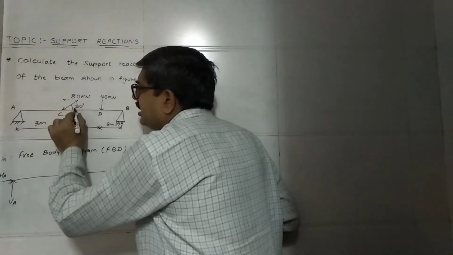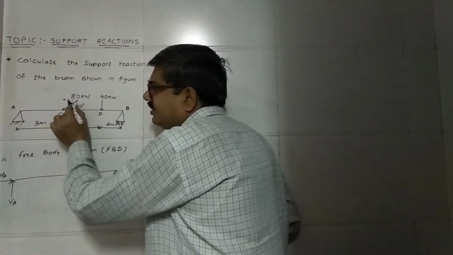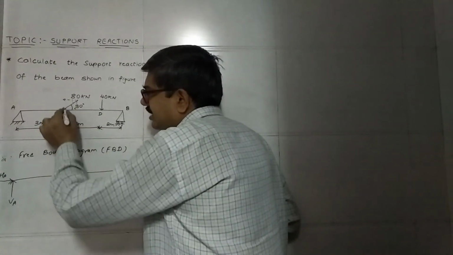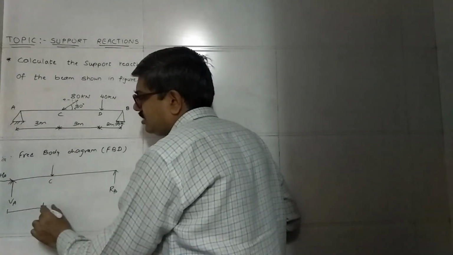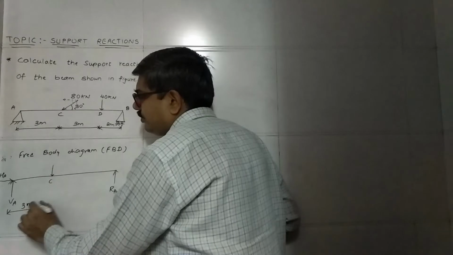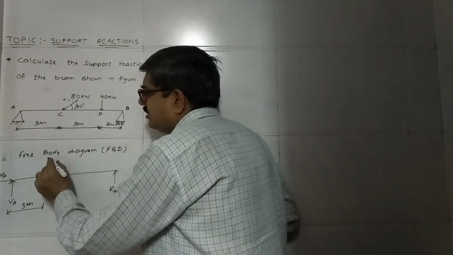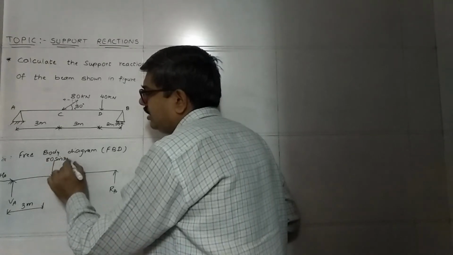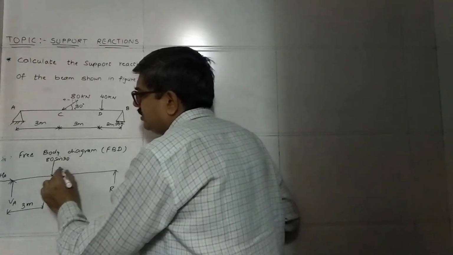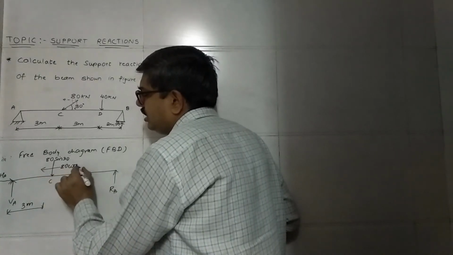Now I will resolve this inclined force into horizontal and vertical components. Since there is 30 degrees, this will also be 30. So at point C, which is at a distance of 3 meters from the left hand support, that is A, first of all we will show the vertical component, that is 80 sine 30, and the horizontal component in this direction, that is 80 cos 30.